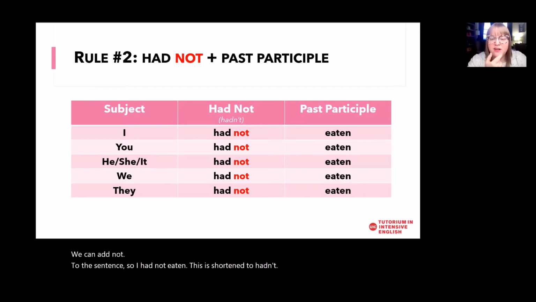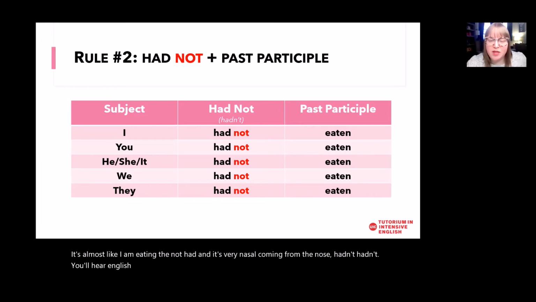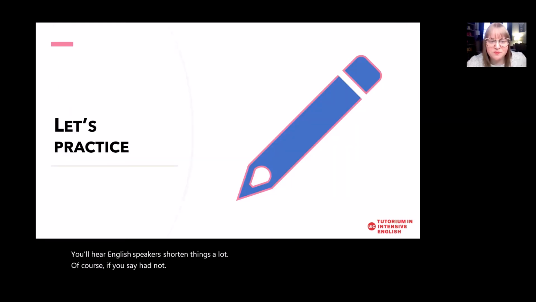If you hear at the end of that word, it's almost like I am eating the t. Hadn't. It's very nasal, coming from the nose. Hadn't, hadn't. You'll hear English speakers shorten things a lot. Of course, if you say had not, that's perfectly fine too.